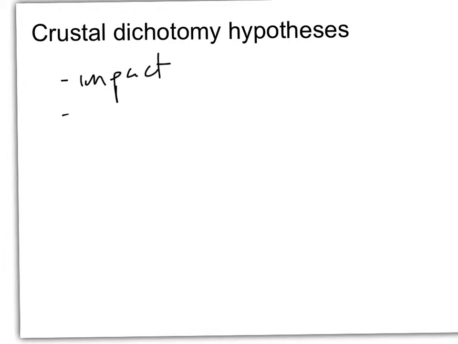Okay, maybe it's volcanic activity. Maybe the southern hemisphere is like the Tharsis Bulge on steroids. There's been some huge mantle plume underneath the southern hemisphere for billions of years, and it has just built up a huge, thick cap on the bottom of the planet.